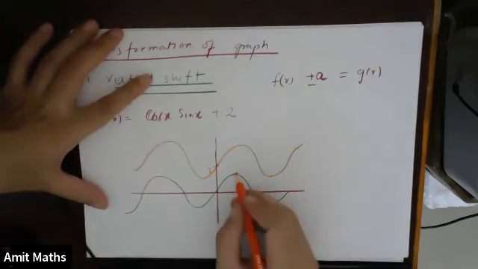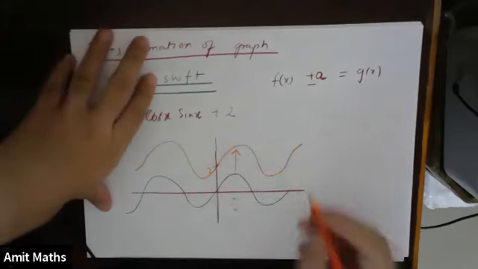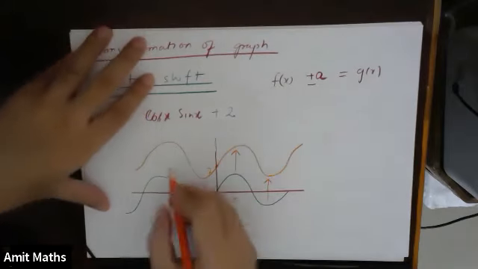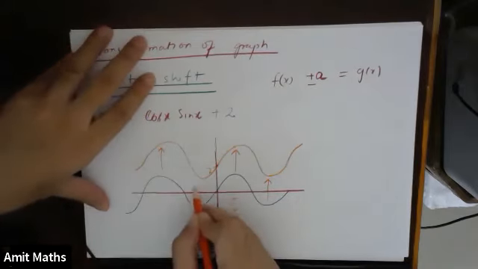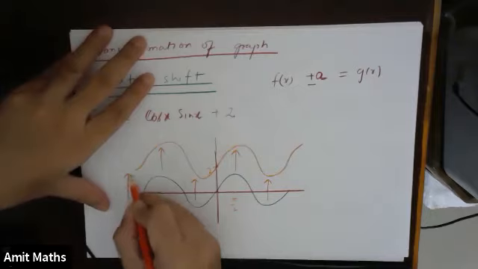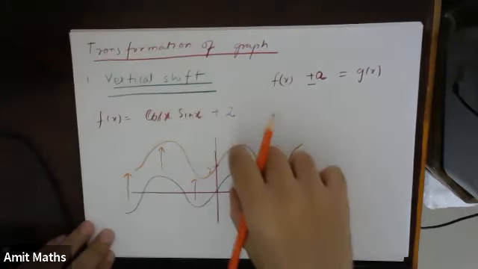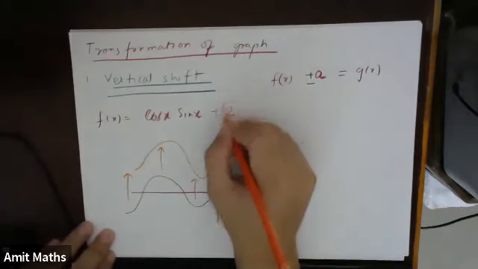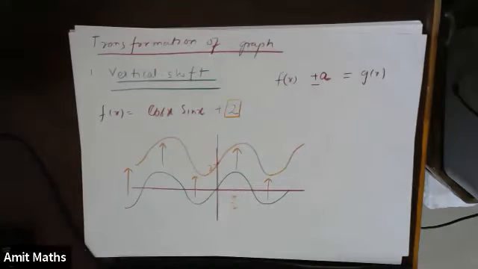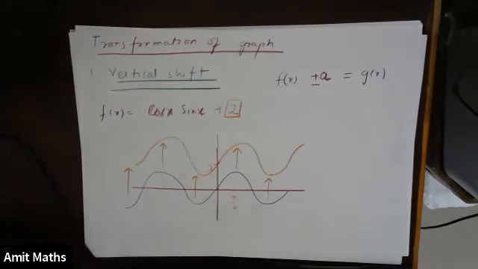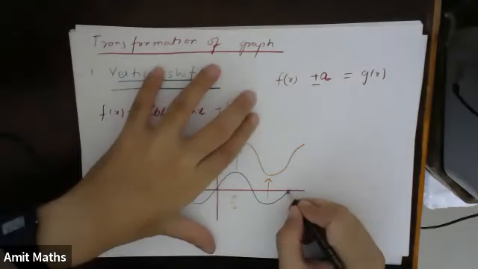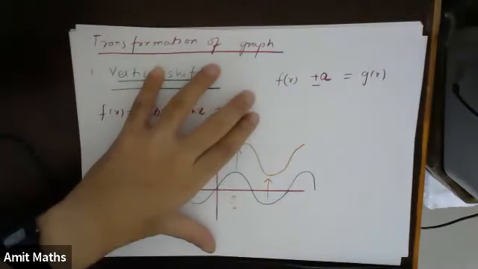So that means each part of the function shifts by 2 units. This was my original function.